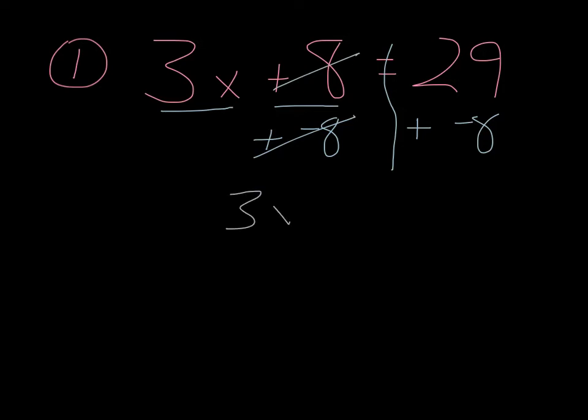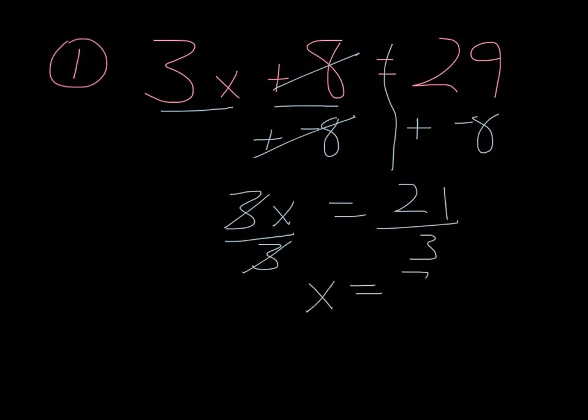We're left with 3x equals, and 29 plus negative 8 is 21. We want to get rid of the 3 that's with the x that is being multiplied, so we do the opposite, we divide. That cancels the 3's over there, and we end up with x equals 7 for this problem. So the question is, how'd you do? Were you able to figure that out?